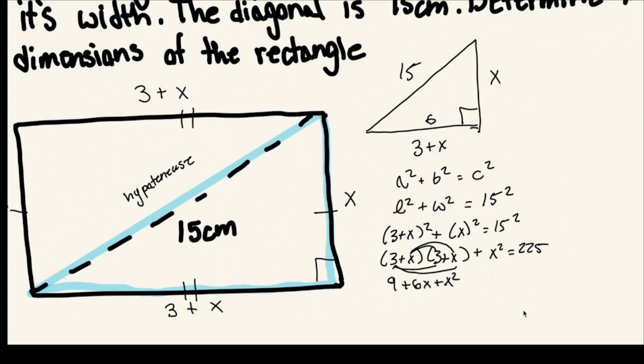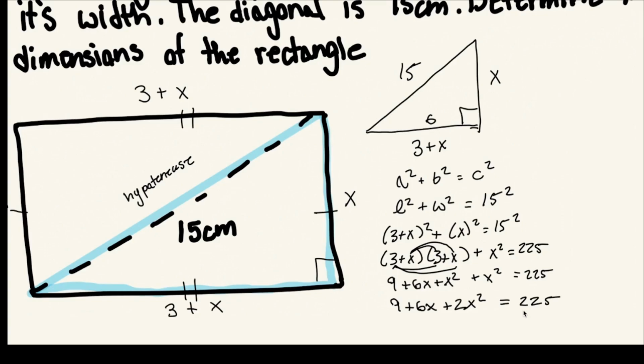Now we do plus x squared equals 225. So we are left with, because we still have to simplify everything, 9 plus 6x plus 2x squared. Because remember, x squared plus x squared, if we simplify that, we are left with 2x squared, then equals 225.